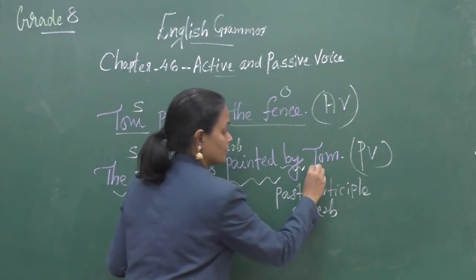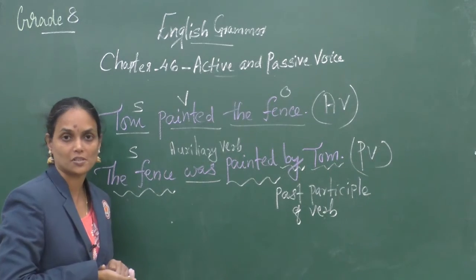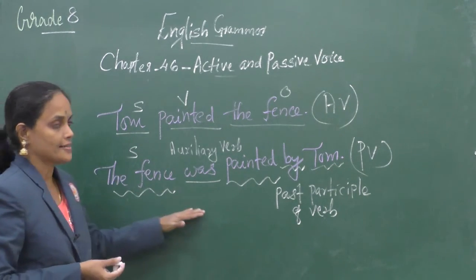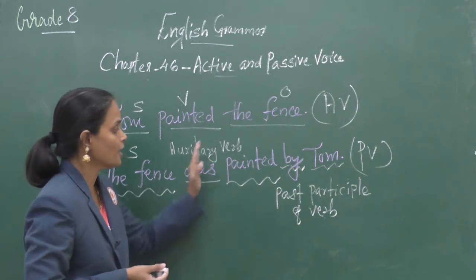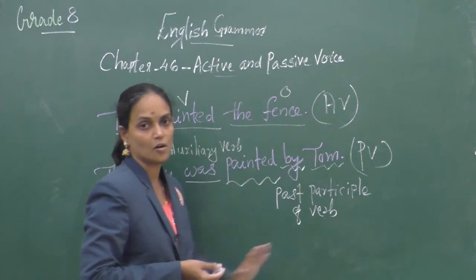And the word Tom is treated as an object here. Children, this is the structure of a sentence in passive voice form: subject, auxiliary verb, past participle of the verb, by plus the object.